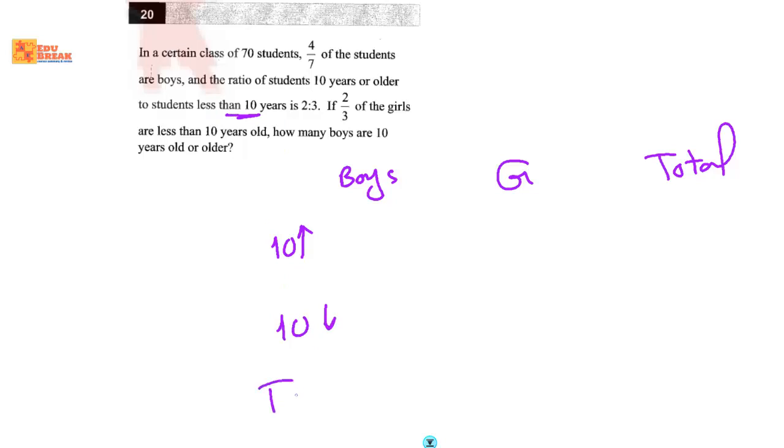We can put all of this information inside a table. So we have boys and girls and their total, and greater than or equal to 10 and less than 10 and their total.